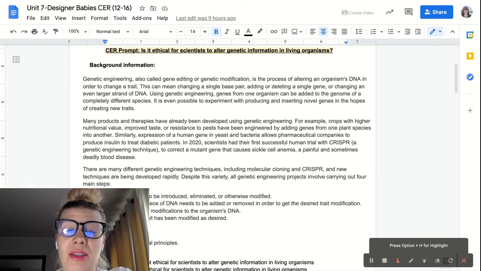Similarly, expression of a human gene in yeast and bacteria allows pharmaceutical companies to produce insulin to treat diabetic patients. In 2020, scientists had their first successful human trial with CRISPR, a genetic engineering technique to correct a mutant gene that causes sickle cell anemia, a painful and sometimes deadly blood disease.